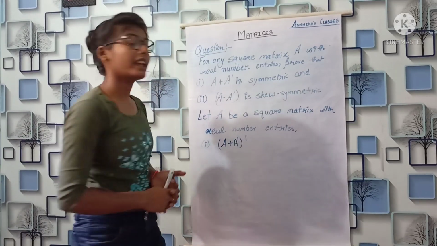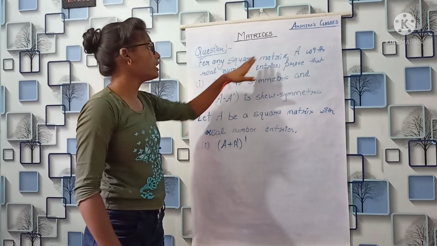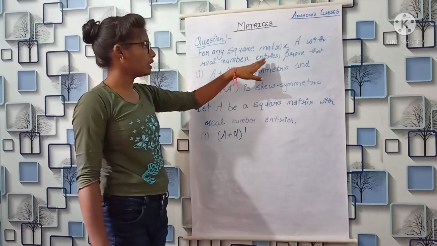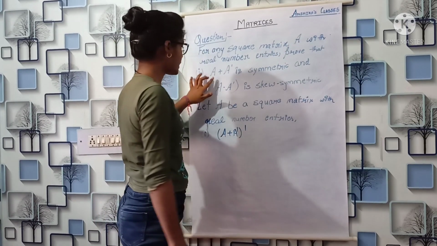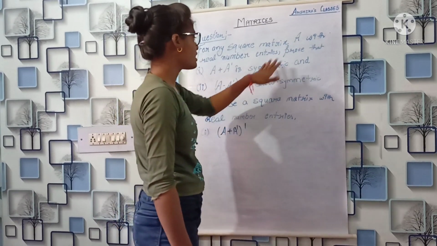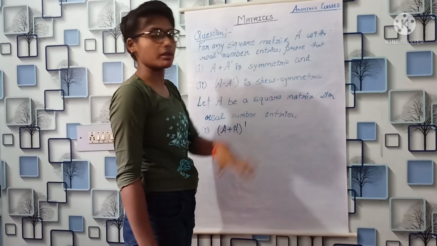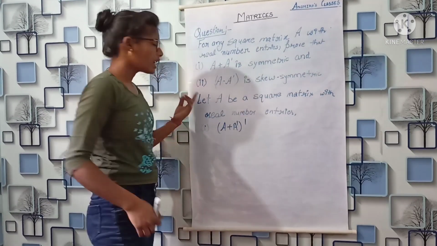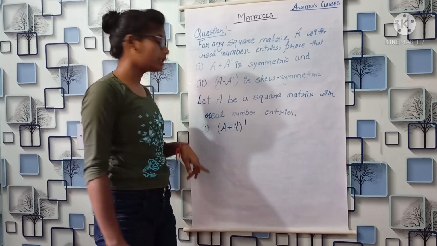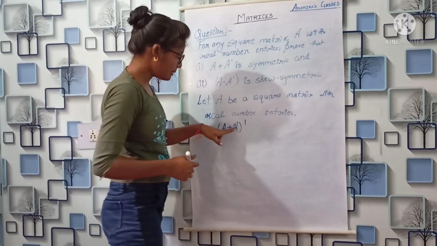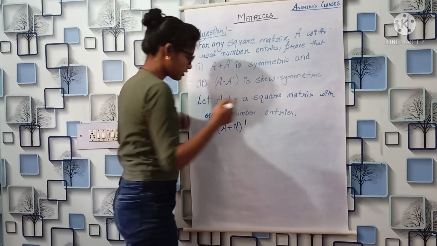So now take a question. For any square matrix A with real number entries, prove that first, A plus A dash is symmetric, and second, A minus A dash is skew symmetric. Let A be a square matrix with real numbers. So first one is A plus A dash whole dash.